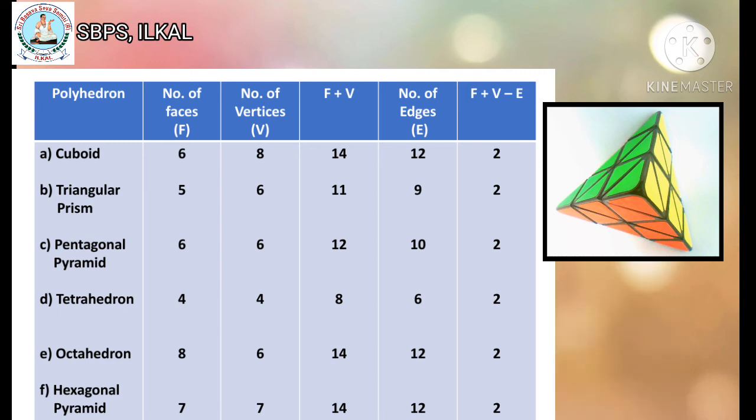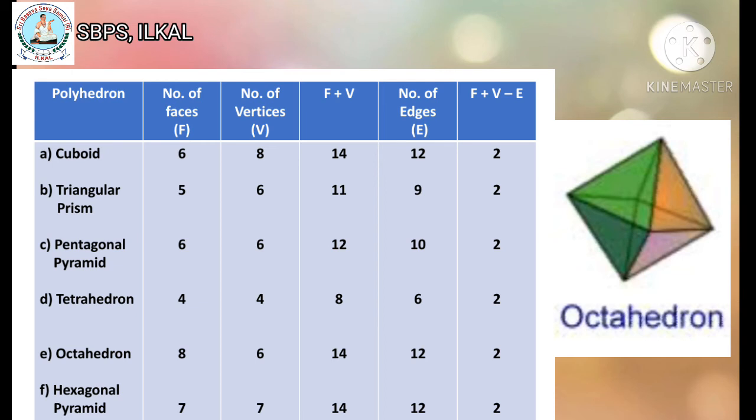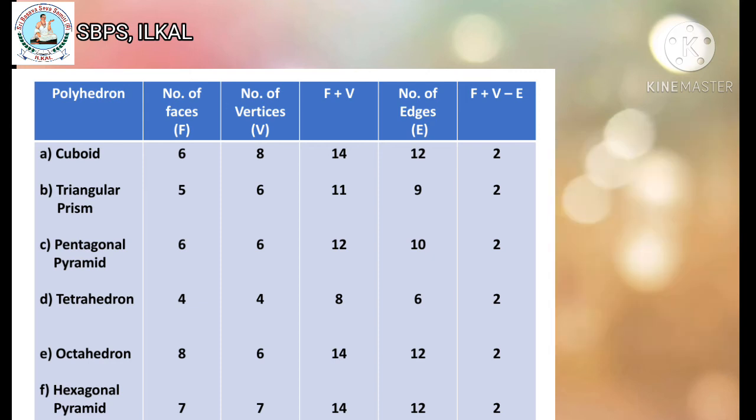Therefore, it is a polyhedron. The next polyhedron we are going to consider is octahedron. Octahedron has 8 faces, 6 vertices. Then F plus V is equal to 14. Number of edges is equal to 12. 14 minus 12 gives 2. That is F plus V minus E is equal to 2.